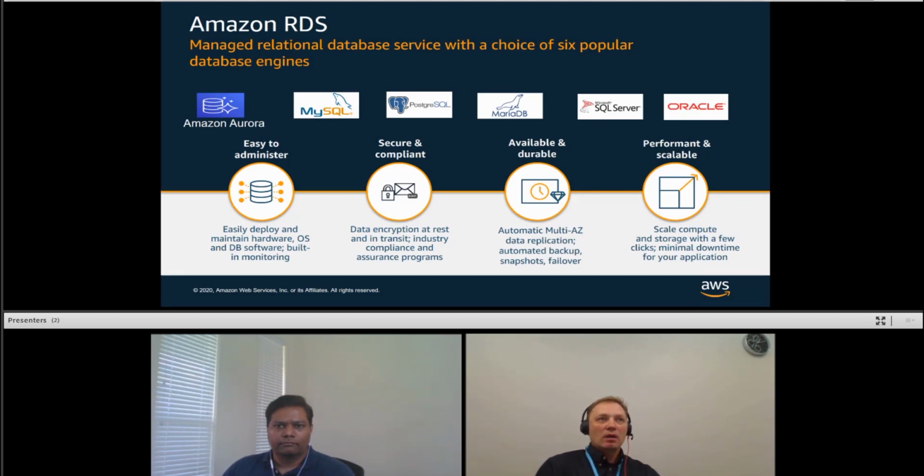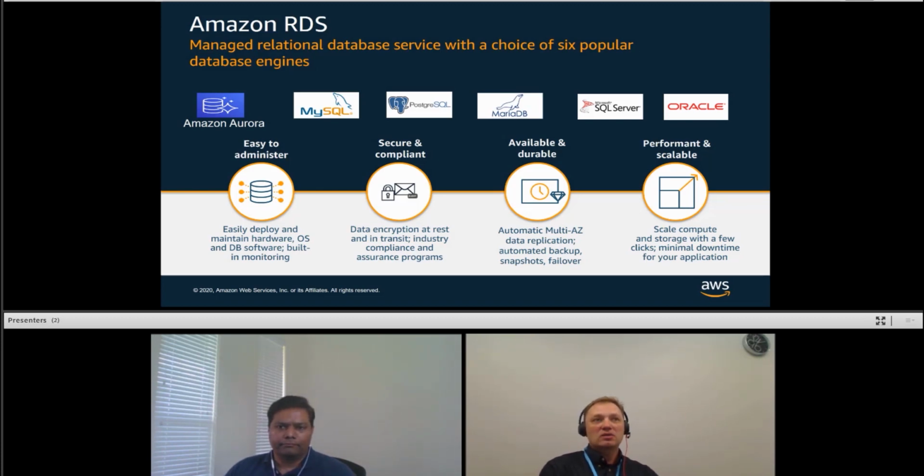RDS supports very popular commercial engines such as SQL Server and Oracle, as well as the most popular open source engines, MySQL, Postgres, and MariaDB, as well as our own. On the very left there, you see Amazon Aurora.